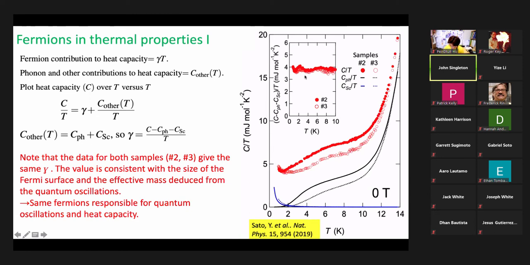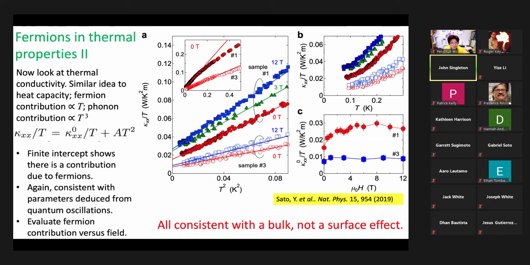And we can also model this. If you go back to a solid state physics textbook, you can model this, and the Fermi surface quantum oscillations and size are consistent with the size of the heat capacity contribution for fermions. So it really does look like we've got things that are behaving in many ways like electrons, but they're not conducting electricity. So we can also look at the thermal conductivity.